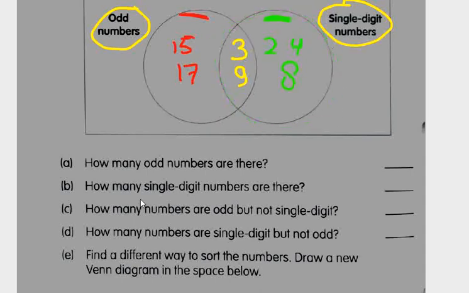How many numbers are odd but not single digits? Odd but not single digits. Since this belongs to the single digits circle, you only have to count the numbers in this area.